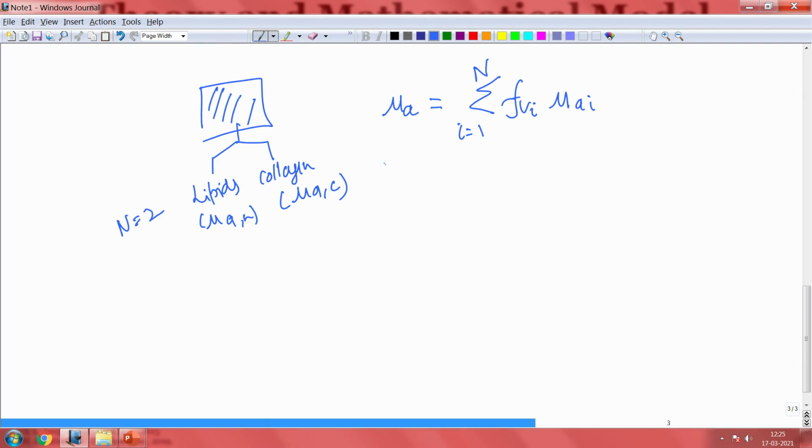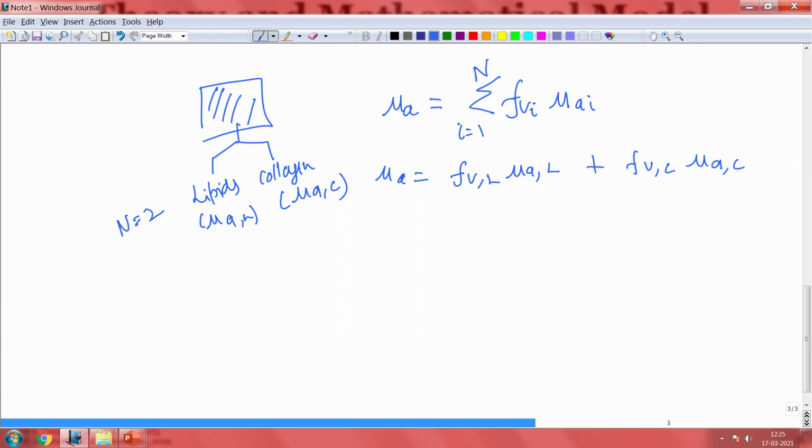So, I can elaborate my equation to f v comma L into mu a comma L, plus f v comma C into mu a comma C. So, this is my absorption coefficient for two different constituents.